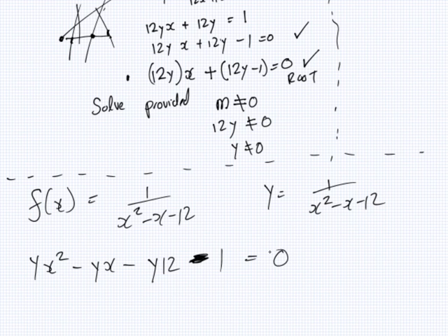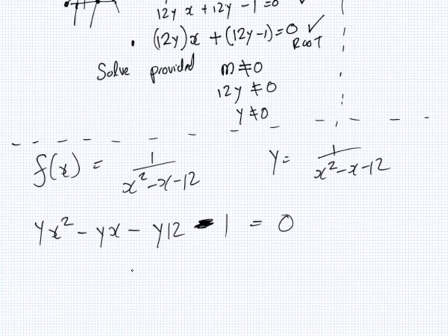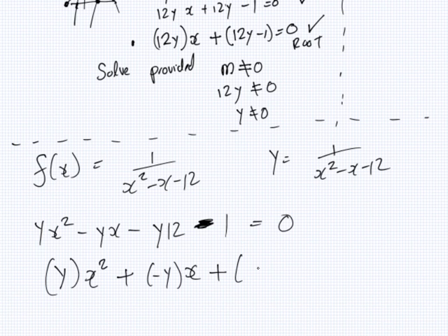Step 2. Y is a constant, so I would get yx squared minus yx minus 1 minus 12y equals 0. Now pretend y is a constant. What type of equation is this?